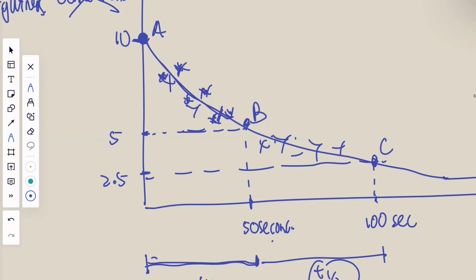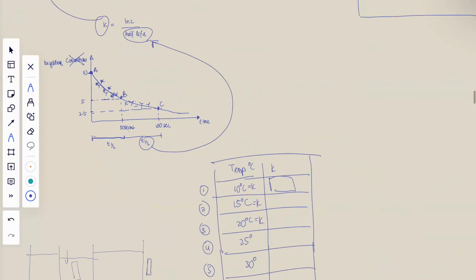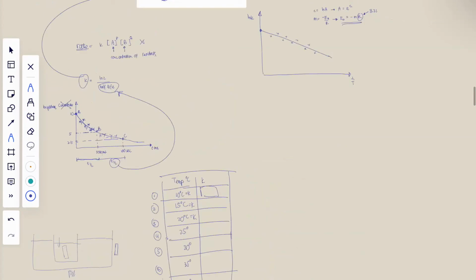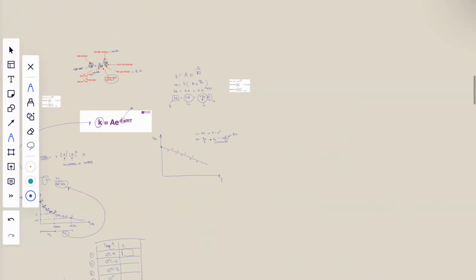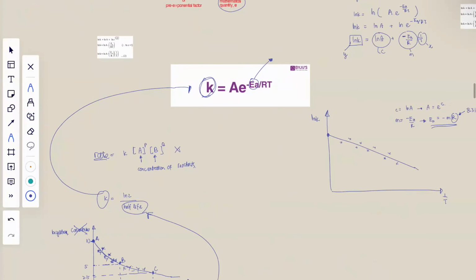You just collect the data, then we do mathematical manipulation to calculate the half-life. This is what you do first.